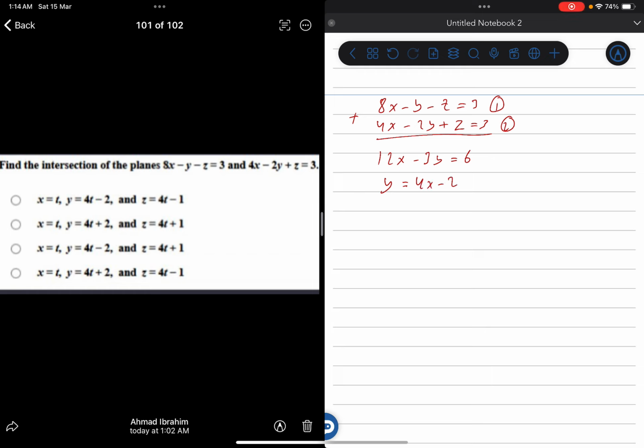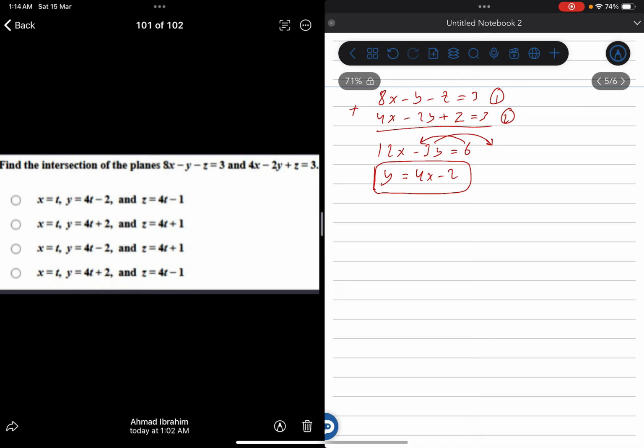That's because you will put 3y on one side and put 6 on the other side and divide by 3. It will be y equal 4x minus 2.